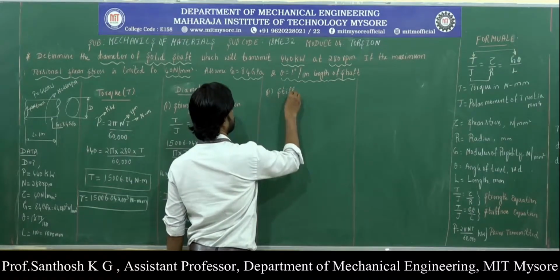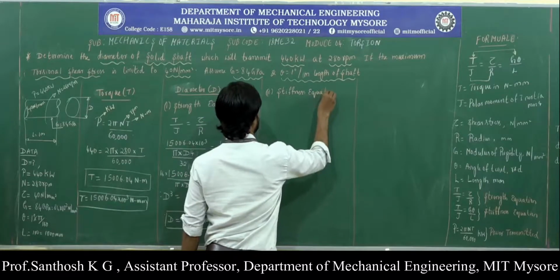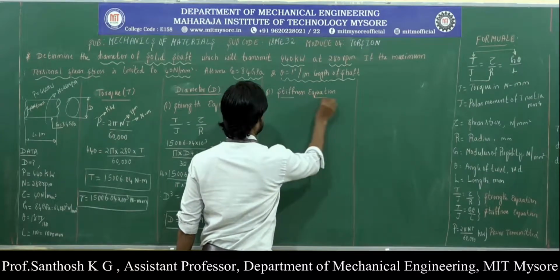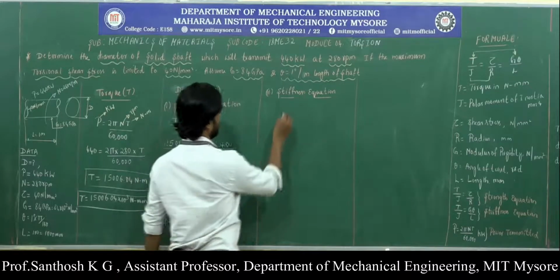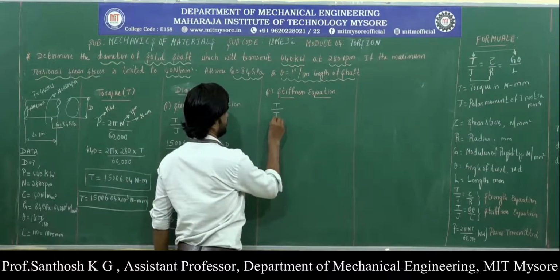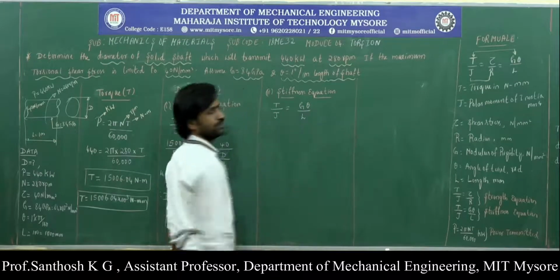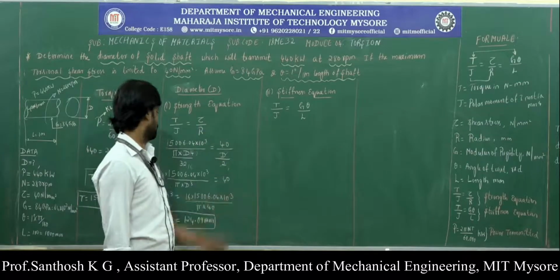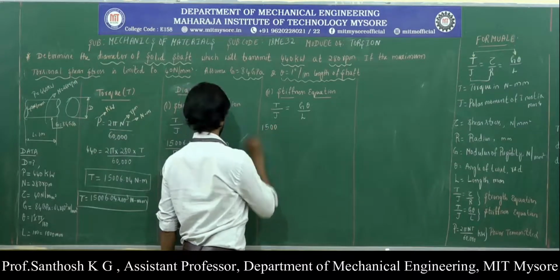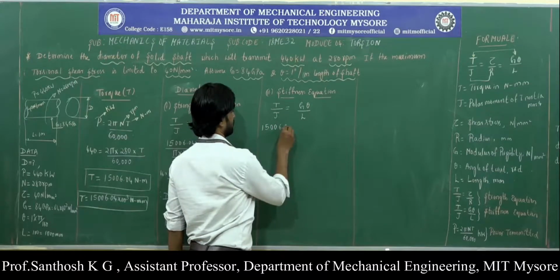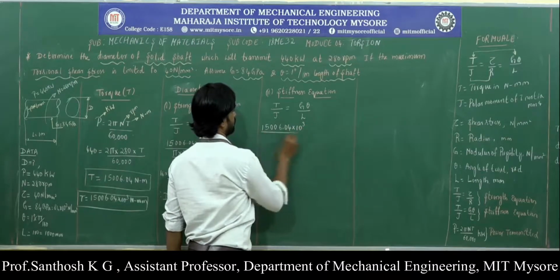Next, we will use the stiffness equation in order to find the diameter. The stiffness equation is given by T by J equals G theta by L. The value of T, again it is 15006.04 into 10 to the power of 3.